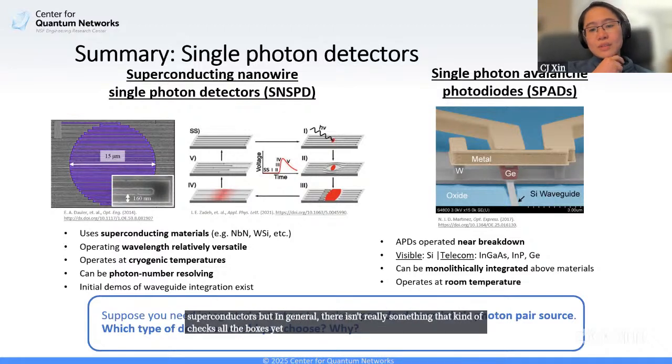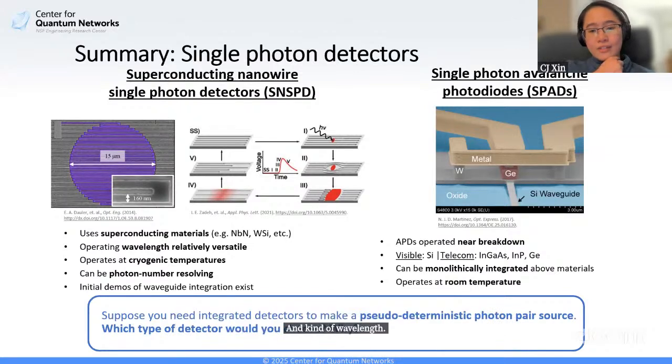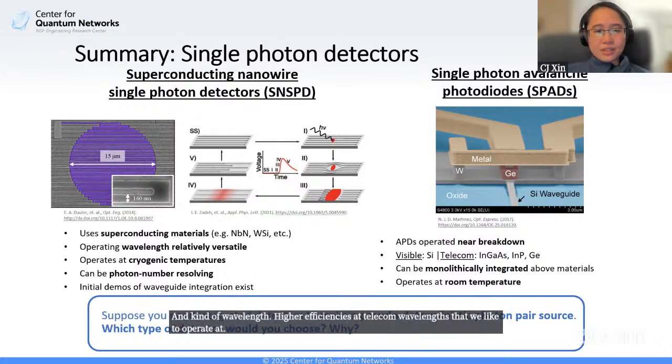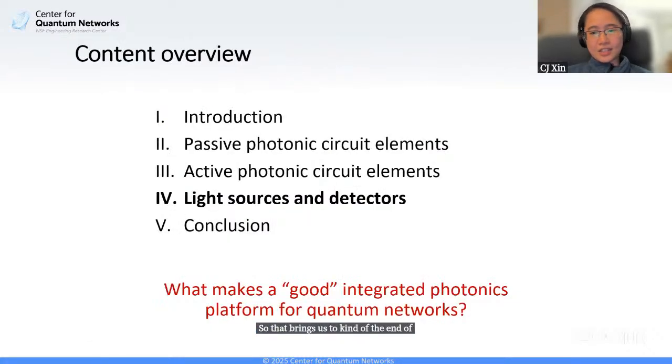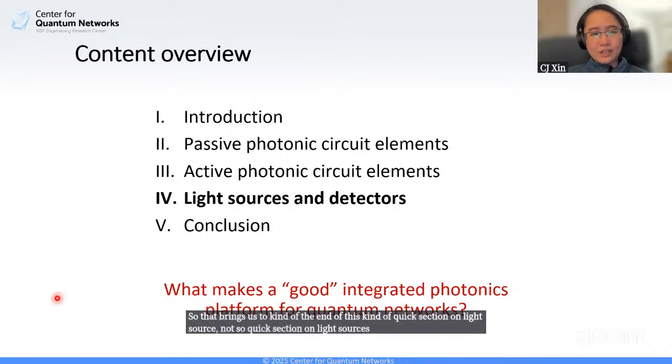But for most laboratories, I think we tend towards using nanowire detectors for their higher efficiencies at the telecom wavelengths that we like to operate at. So that brings us to the end of this not so quick section on light sources and detectors.